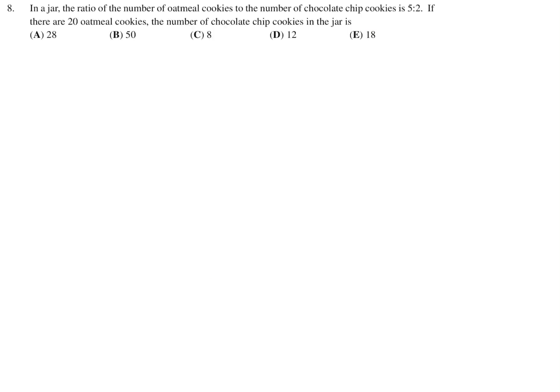In a jar, the ratio of the number of oatmeal cookies to the number of chocolate chip cookies is 5/2. If there are 20 oatmeal cookies, the number of chocolate chip cookies in the jar is. So oatmeal over chocolate chip is 5/2. So that's our relationship. They tell you that there's 20 oatmeal cookies, and we want to figure out how many chocolate chip.